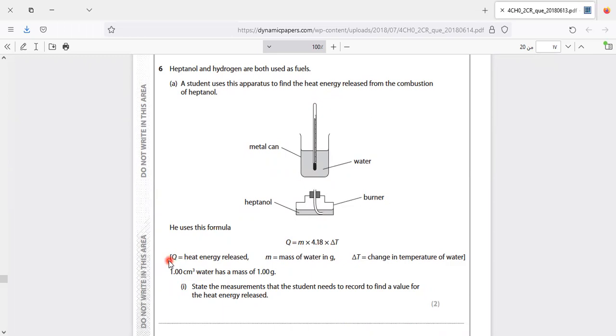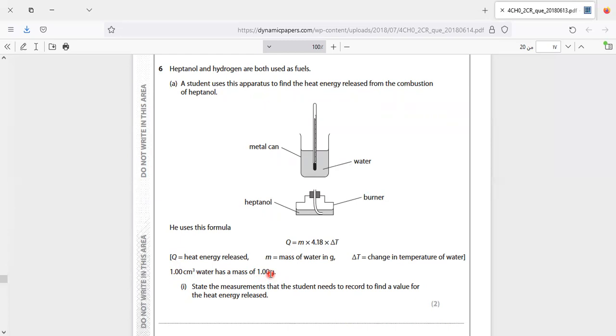Your heat energy. M equals mass of water. Delta T is the change in temperature of water. 1 cm³ of water has a mass of 1 gram. State the measurement that the student needs to record to find the value for the heat energy released.